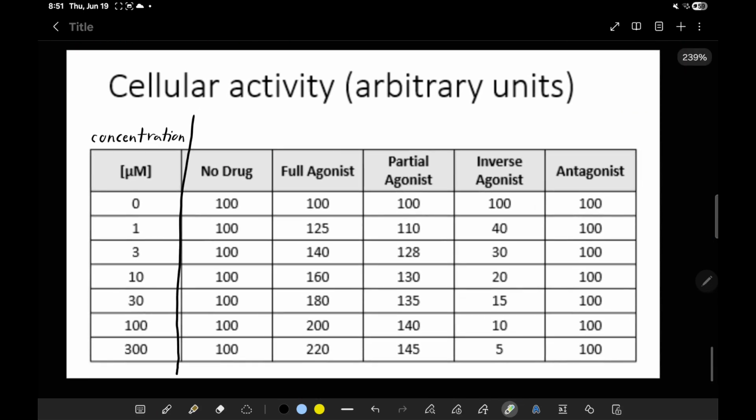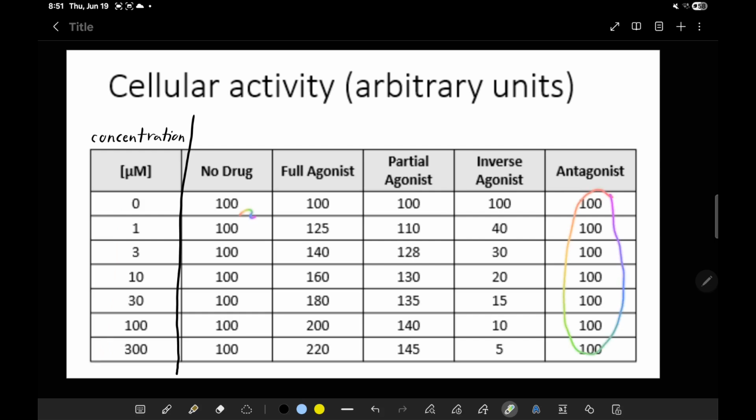And then you have your antagonist. Now remember, your antagonist on its own just goes and binds to receptors and blocks them. It doesn't change the conformation of your receptors to produce or lower response or do anything like that. But everything happens at baseline levels just normally. That's why no matter what the concentration of your antagonist is, no matter how much you add, the response levels are still going to be at 100.